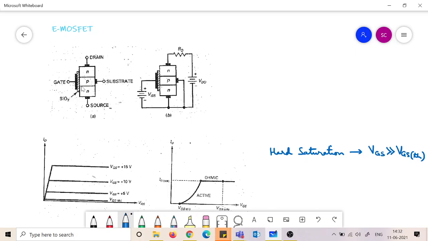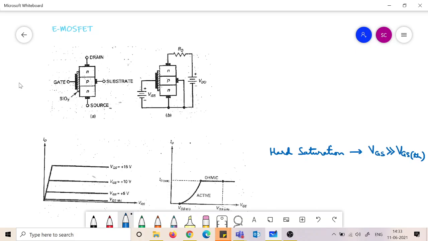Why is it enhancement type? Because it works based on the principle of enhancement of the current conducting channel. That principle we already discussed in D-MOSFET. So when we have VGS greater than 0, what will happen? The channel which was already there expands, enhances.